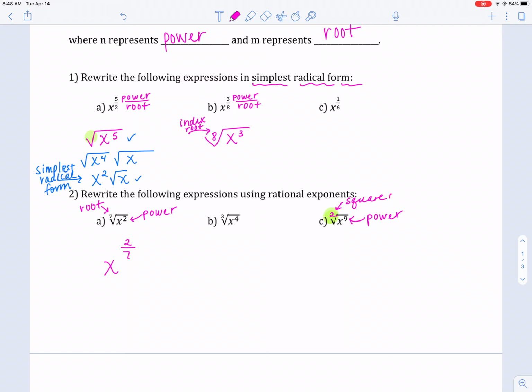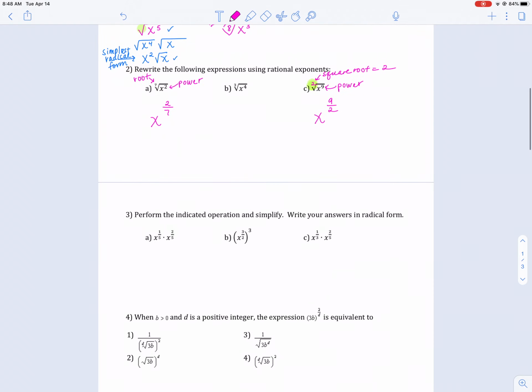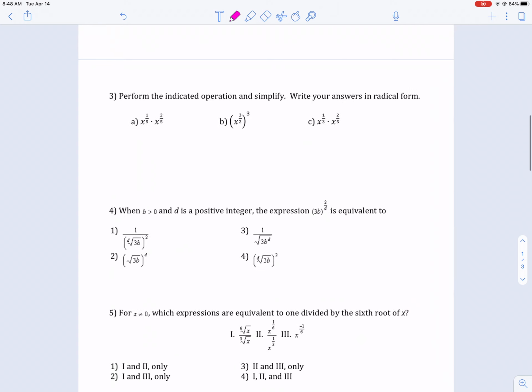Okay, your square root is equal to 2. So this has a base of x, and the power is 9 over the root is 2. So remember, so important, when you don't see a root in your radical, it means it's 2 because it's the square root. Okay, I'm going to leave you C and B to try on your own.